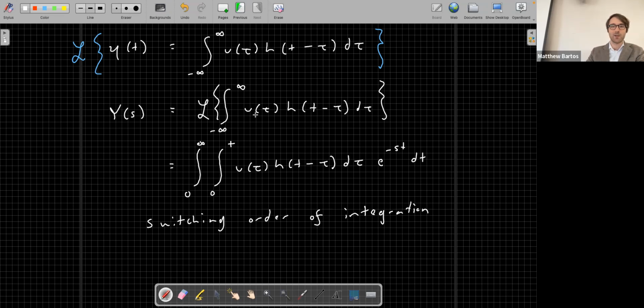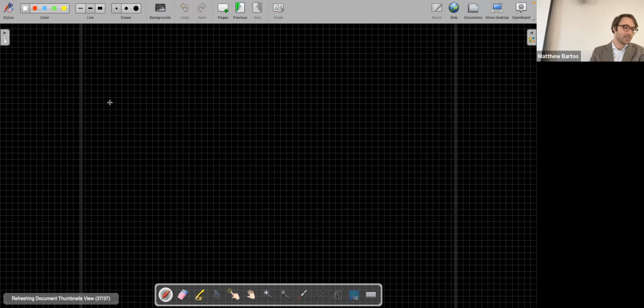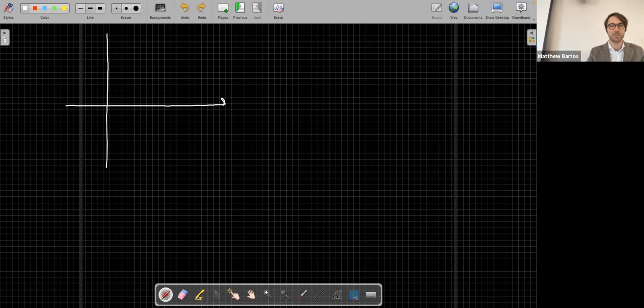So just to recap on switching the order of integration, it's kind of like a review of some calculus concepts here. Let's say we have a function of two variables. I'm going to draw it twice here.